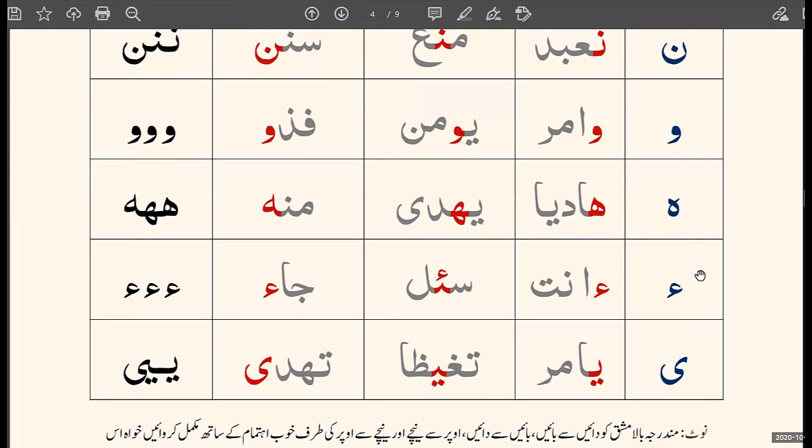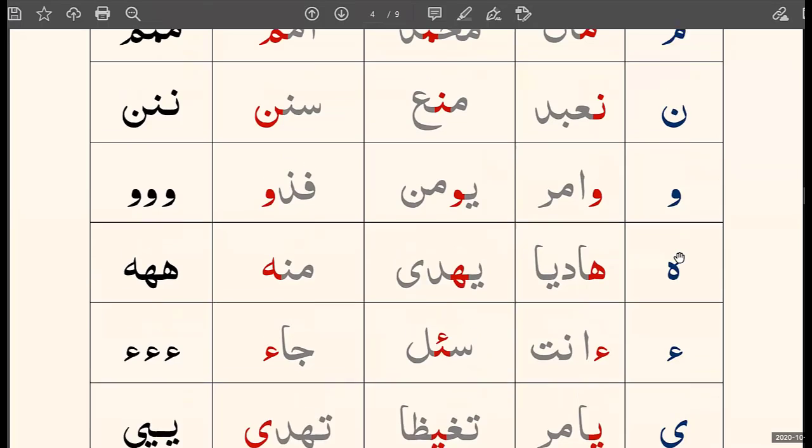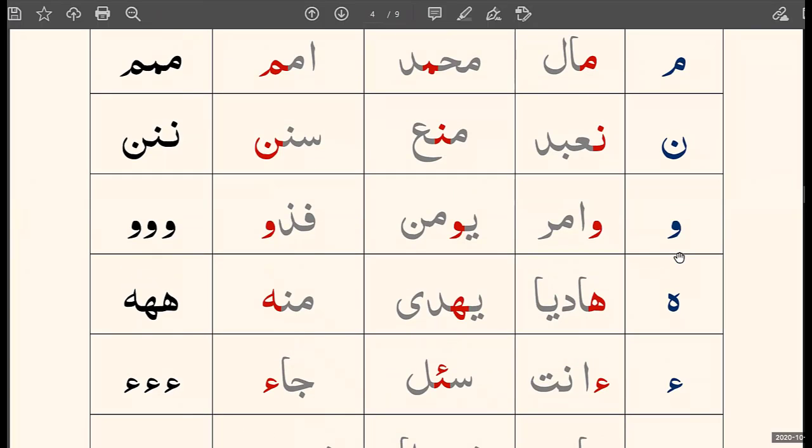Okay. Now, a question to all: how many letters out of 29 cannot be joined to the next letter? We discussed it in the beginning. Five, I think.